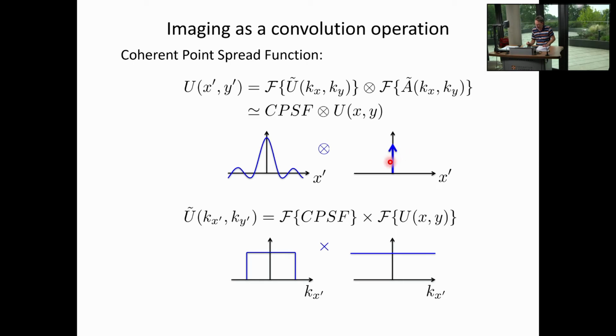The spectrum of a delta function was a plane wave, and the Fourier transform of a plane wave gives you the delta function back. So that's the original point, and it now is broadened out by this function, which is called the coherent point spread function. For a rectangle, that would be a sinc function, and for a circular aperture, that would be a Bessel function.